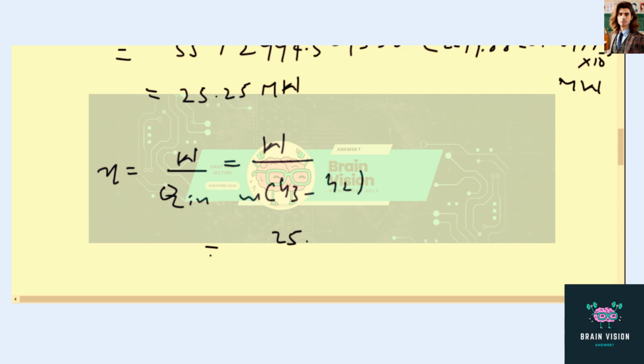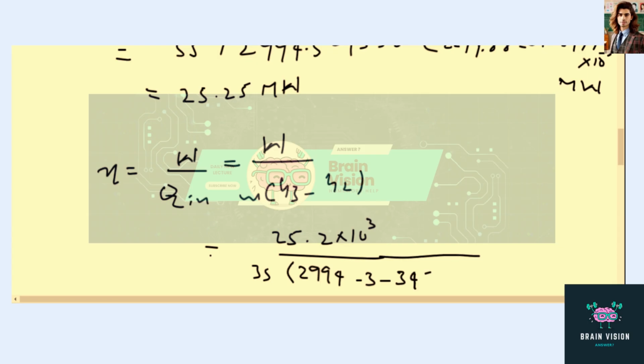W is 25.2 times 10 to the power 3 divided by 35 into 2994.3 minus 343.58, and that is equal to, right, 0.272.